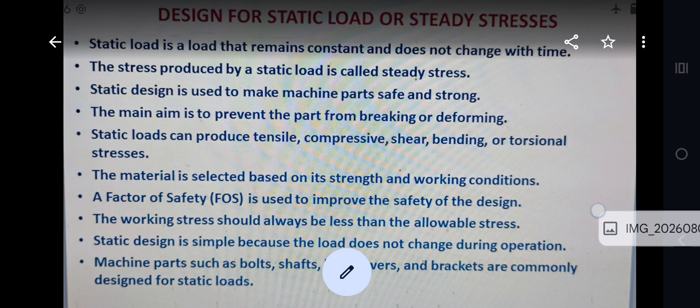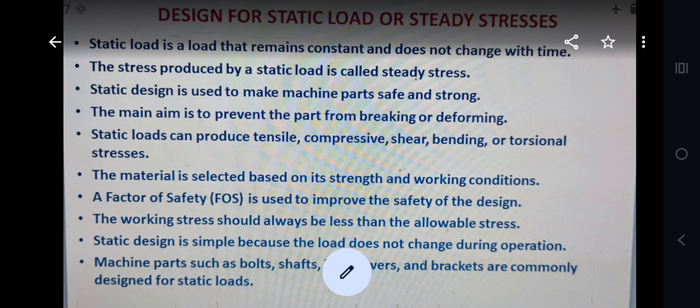Tensile stress. When a component is pulled, tensile stress is produced. Example, tie rod. The two ends of the tie rod are pulled away from each other. So this is called tensile stress. What is compressive stress?